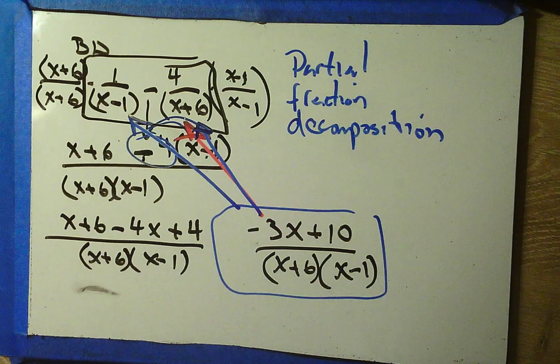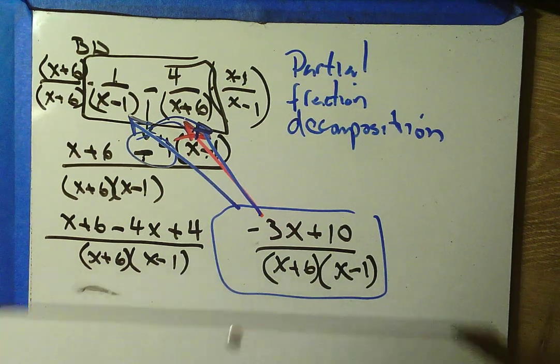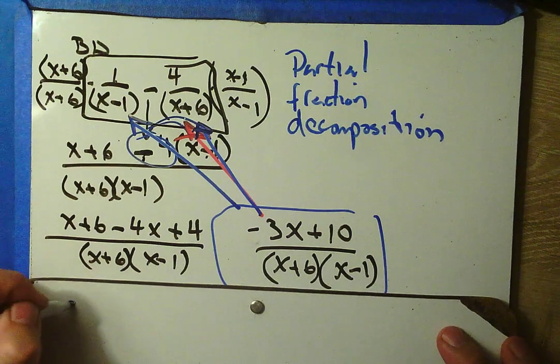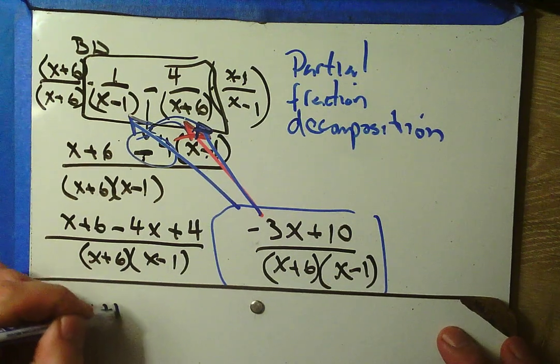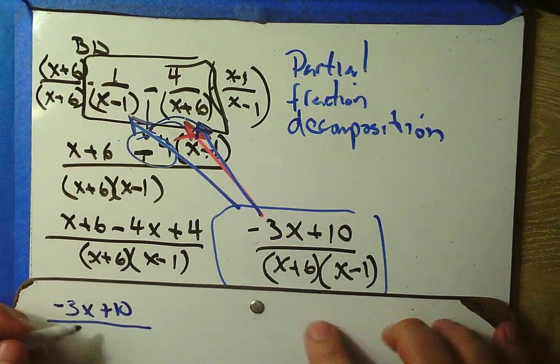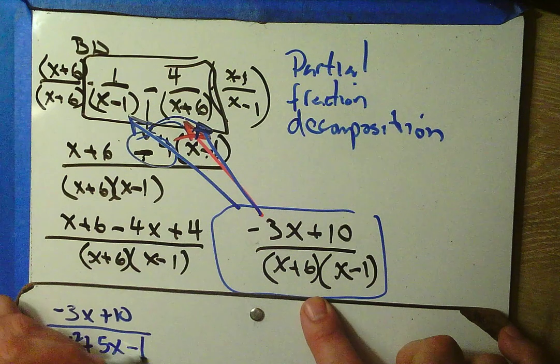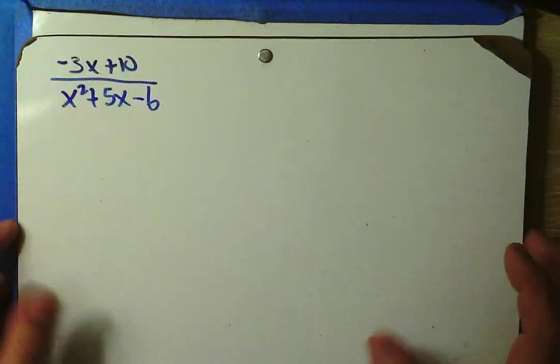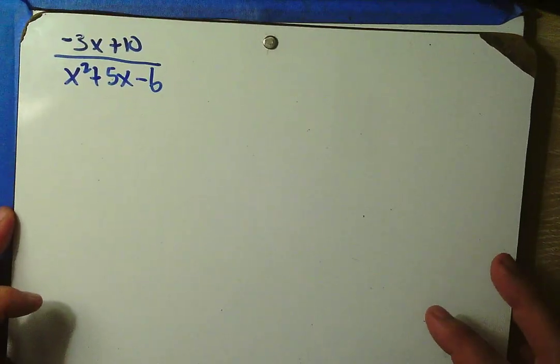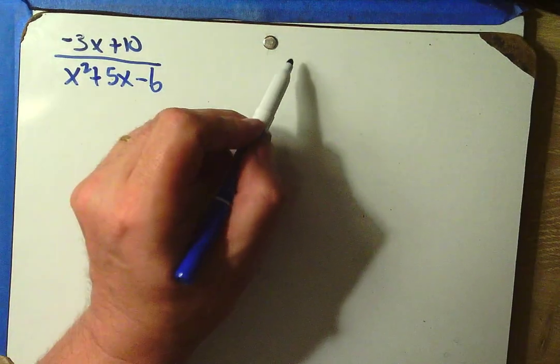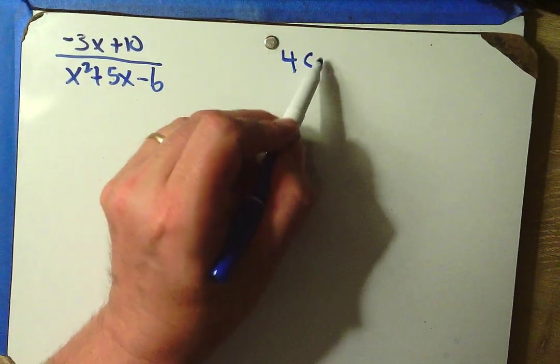Okay, so let's take a look at this. We're starting off with negative 3x plus 10, and on the bottom, if we had FOILed this out, we would see x squared plus 5x minus 6.